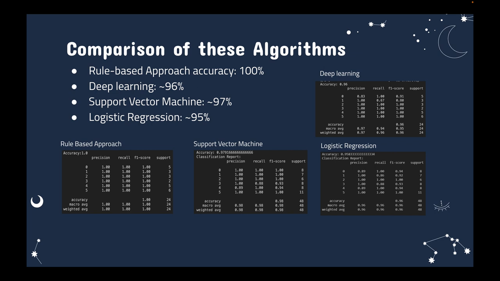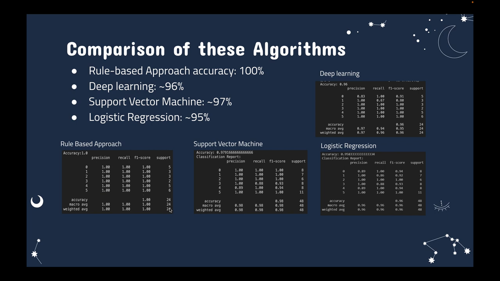So sometimes it would be as low as 88%. For the support vector machine, we consistently got around 97% accuracy, and for logistic regression, we got an average of 95% accuracy.